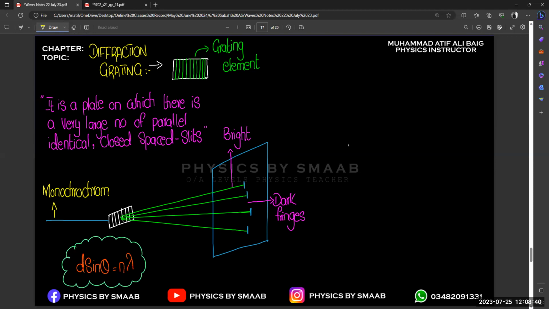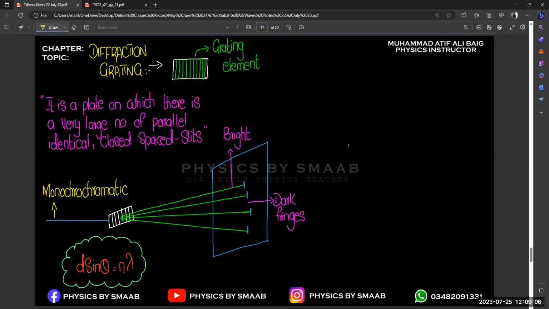What does the d stand for? Yes, d is a new quantity that we are going to discuss in diffraction grating, because the concept of diffraction grating is related to the number of lines. So d gives you the concept of how many lines we are going to mark in a single centimeter or millimeter, depending on the unit, or maybe nanometer.